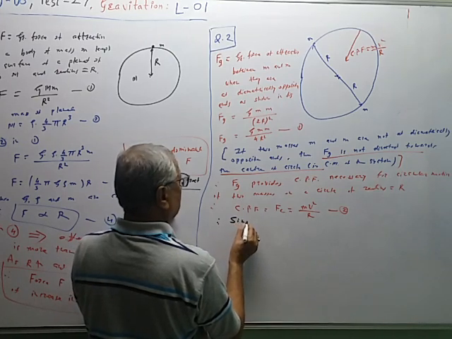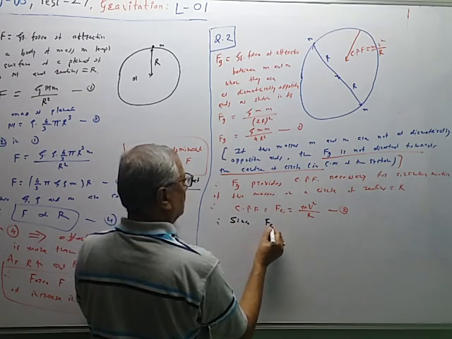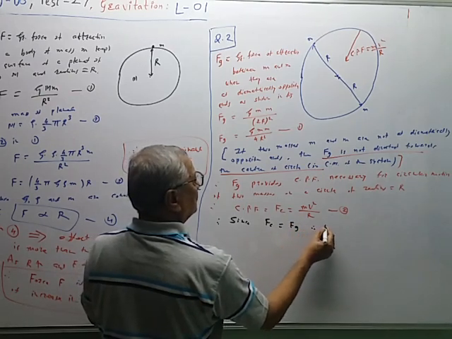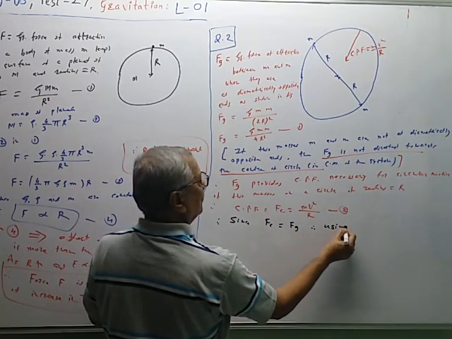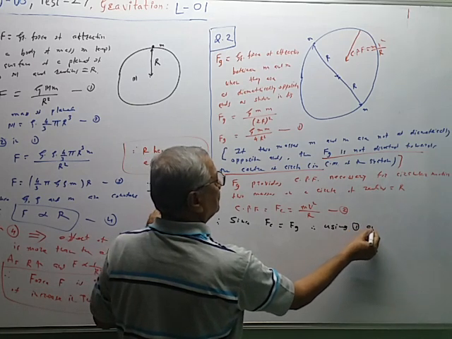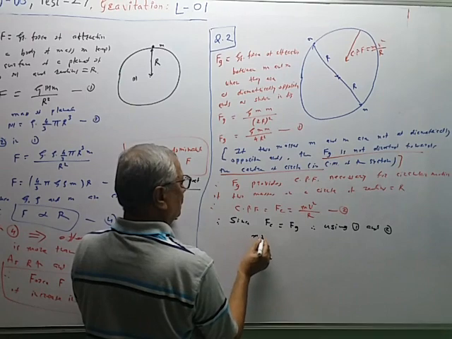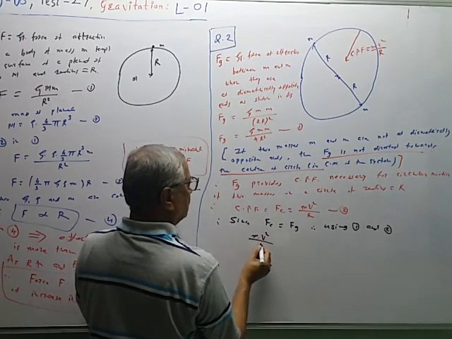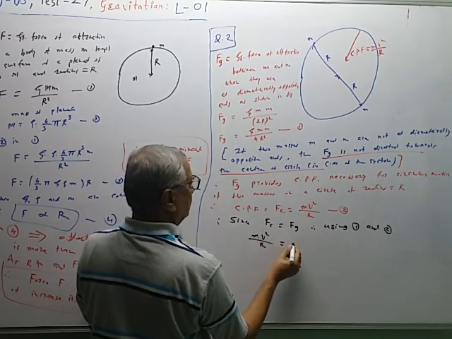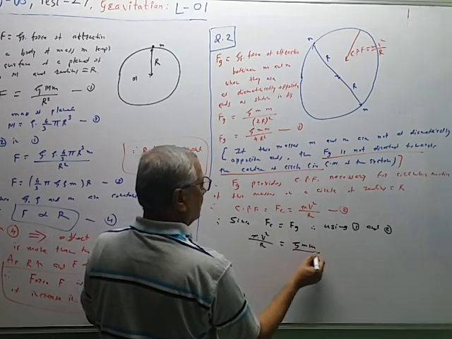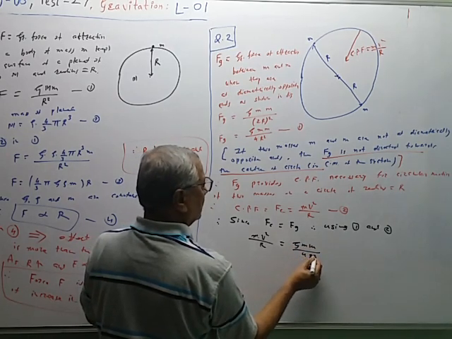Since Fc is equal to Fg, therefore, using 1 and 2, m v square upon r is equal to G m m upon 4r square.